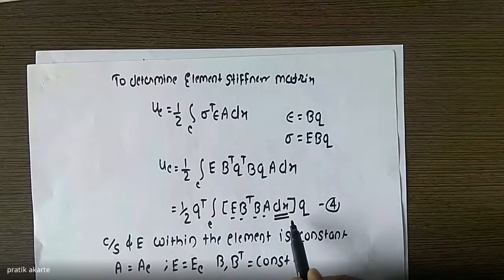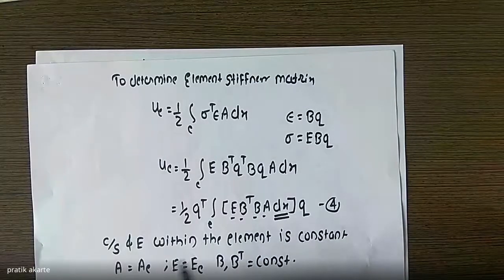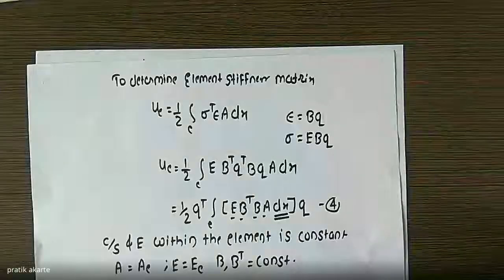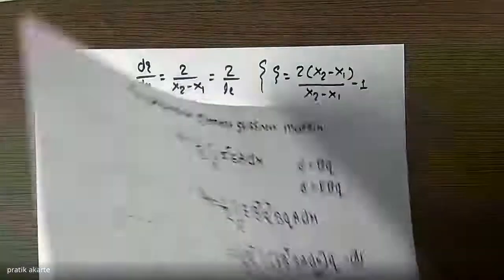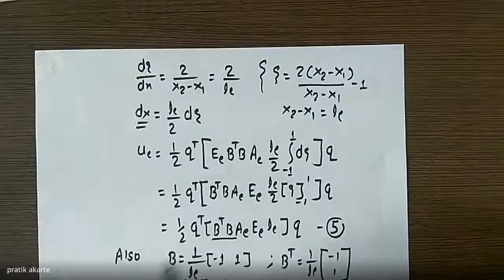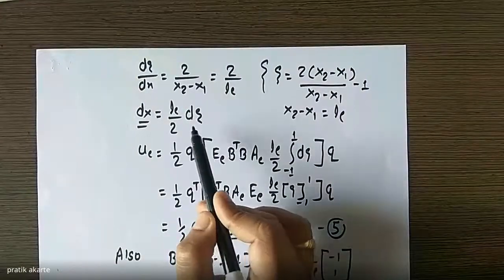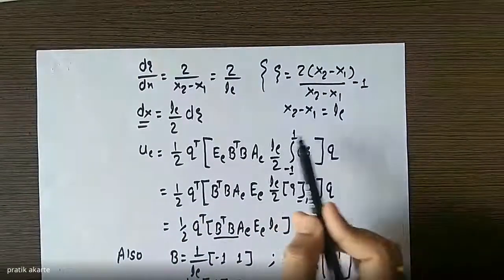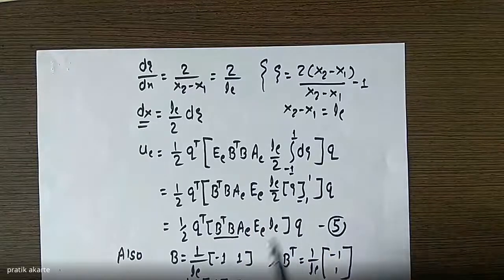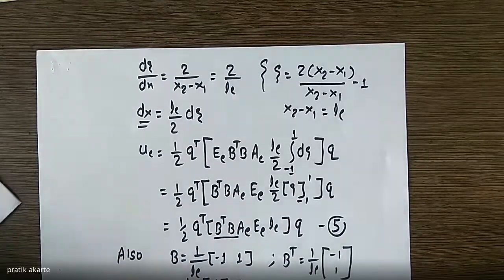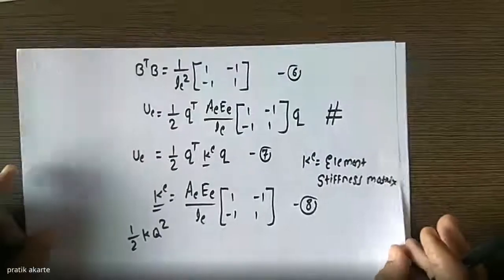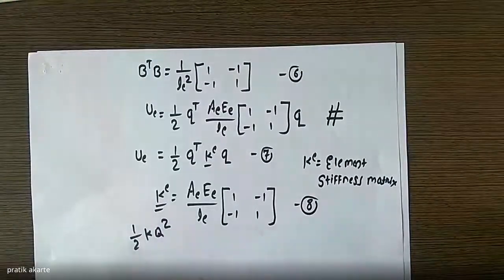Now considering a small length dx, we consider that the cross-sectional area and modulus of elasticity are constant, and again putting this dx in terms of the natural coordinate zeta, I have rearranged the equation, and by making use of the b value in terms of the length of the element, I have arrived at this result, and I have formulated Ke, the element stiffness matrix.